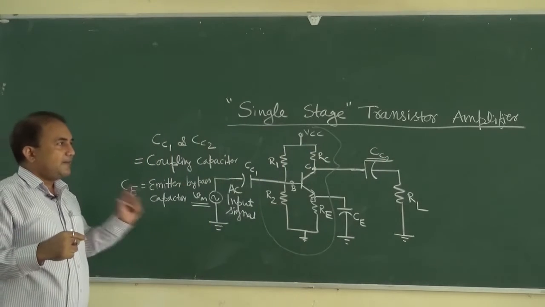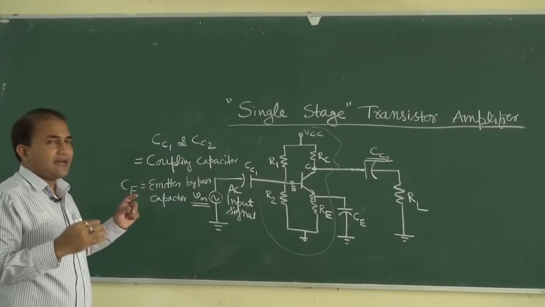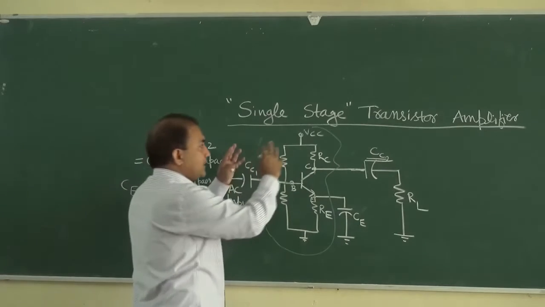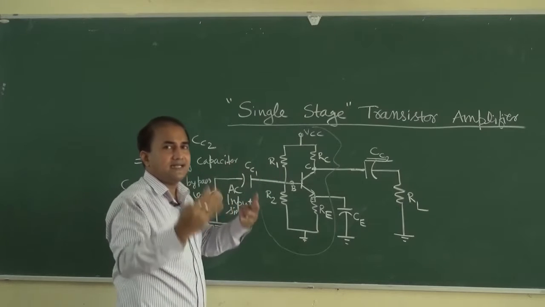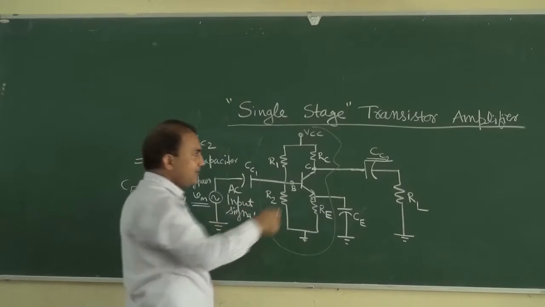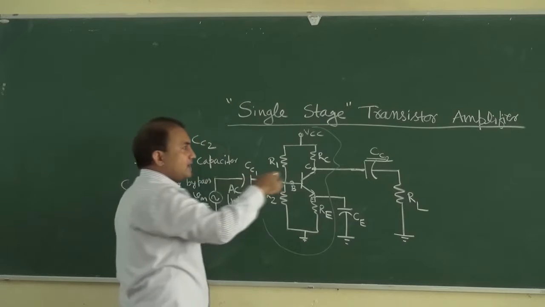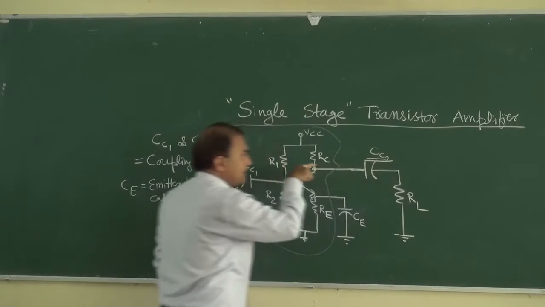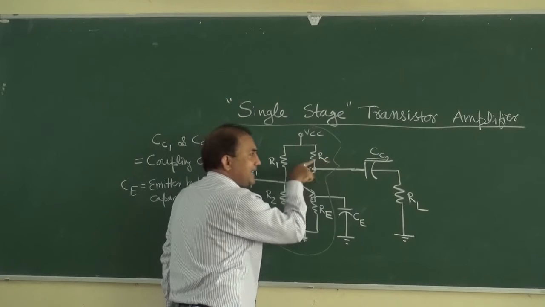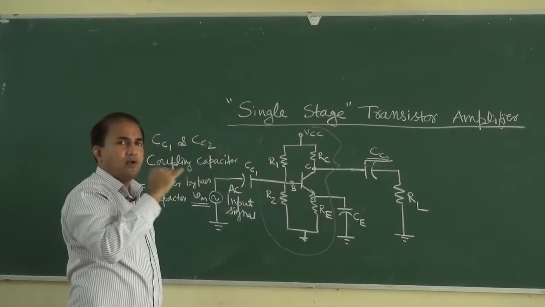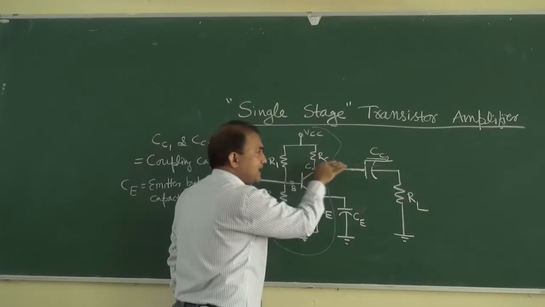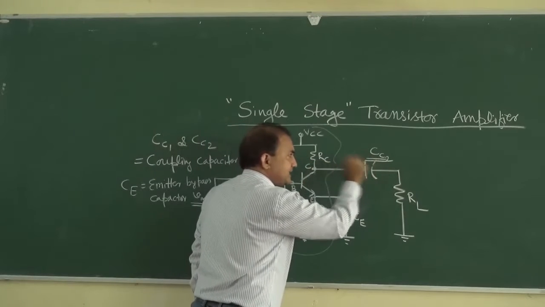Coupling capacitor 2 can be used for coupling various single stage amplifiers to make a multi-stage amplifier, and also it will not allow any DC current to pass across it. So no DC signal will pass across this coupling capacitor 2.